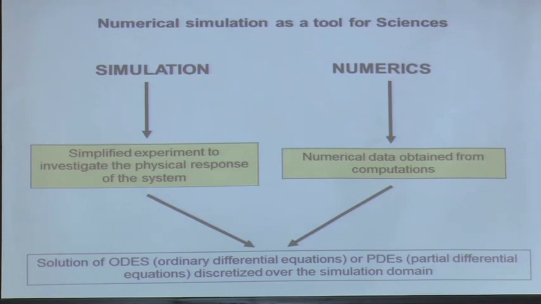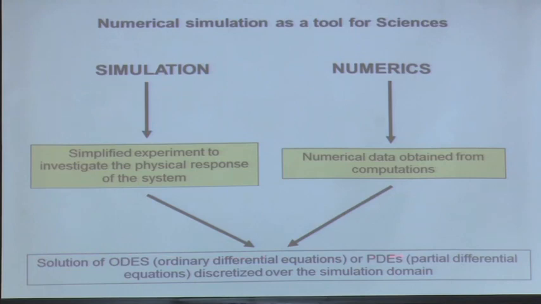Most of the equations related to simulations are partial differential equations like the Navier-Stokes equations, and for people interested in electromagnetics you have the Maxwell equations. There are many equations which contain partial derivatives, and then it's very difficult to solve.